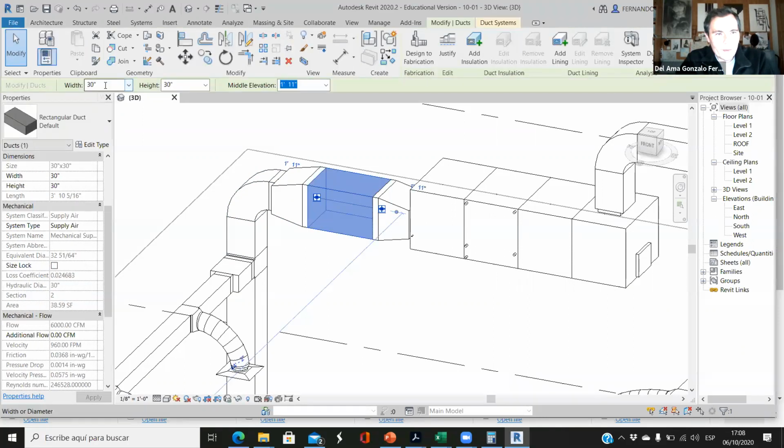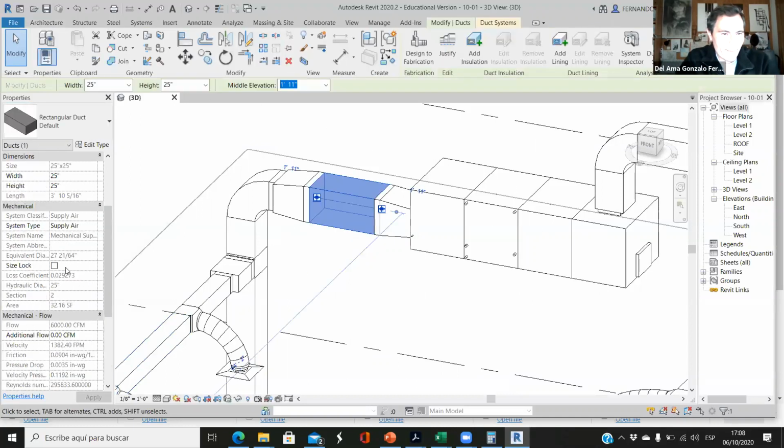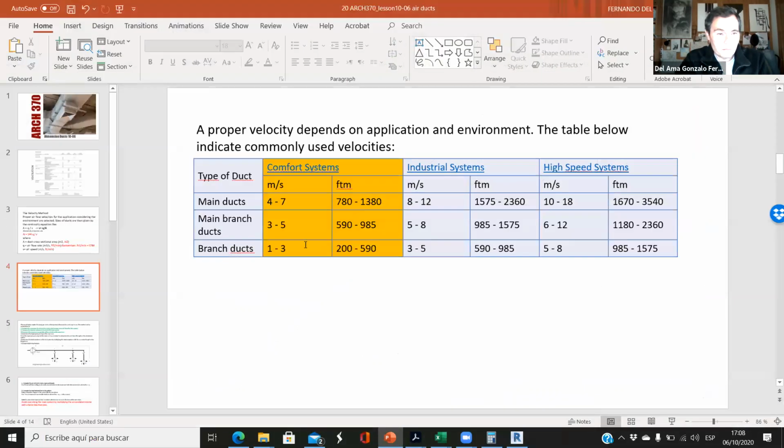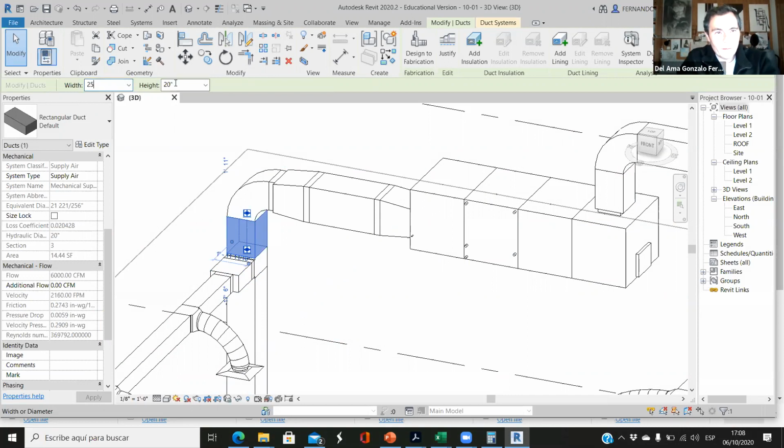What if we use here 25 by 25? Okay, let's see the speed. It's 1300. 1380. And this is 1382. Okay, I accept this.